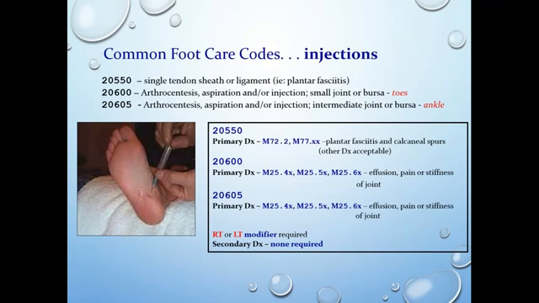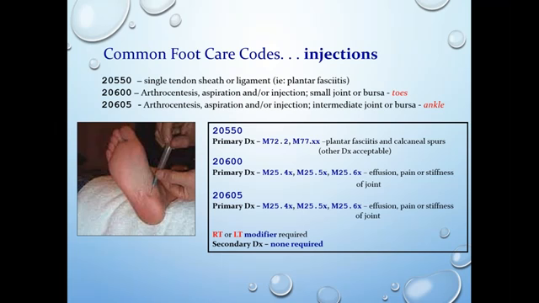Injections are another very commonly encountered procedure in the billing company. I think by far the most frequently used code is a 20550, a single injection of a tendon sheath or ligament, most commonly used for plantar fasciitis. It is the injection for plantar fasciitis.